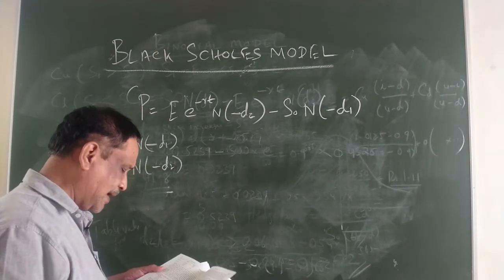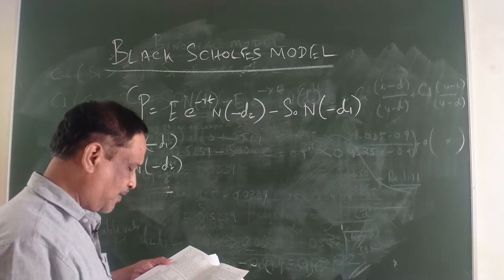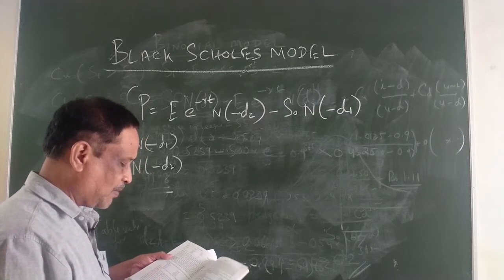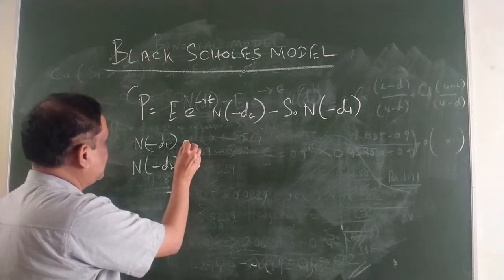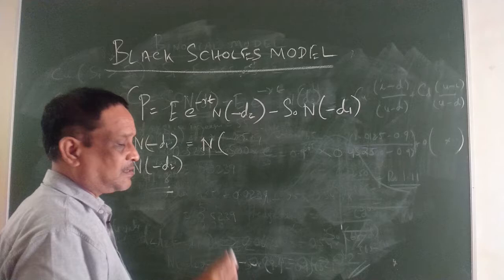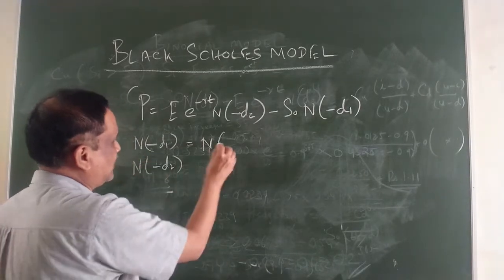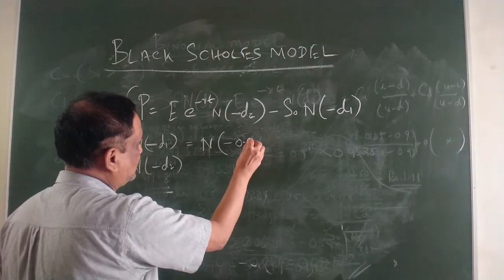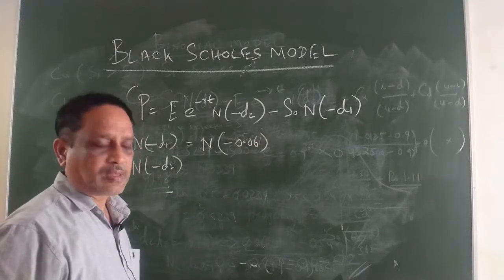We have already calculated D1 and D2. N of D1 is N of 0.06. So N of minus D1 equals N of minus 0.06, since D1 is 0.06.